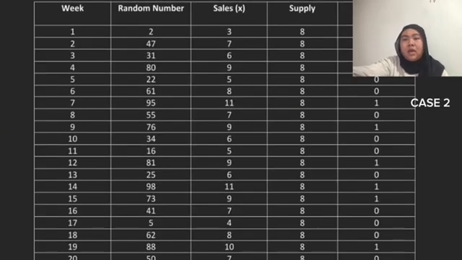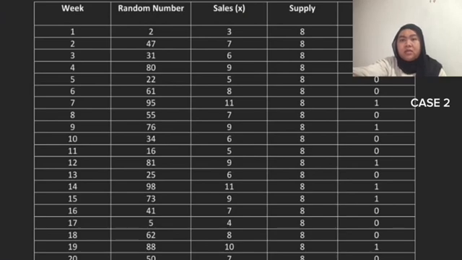Now let's look at case 2. Just like case 1, there were 7 weeks with stockouts. Total sales were slightly lower at 138, averaging 6.90 per week. Again, a stockout occurred when demand surpassed supply.